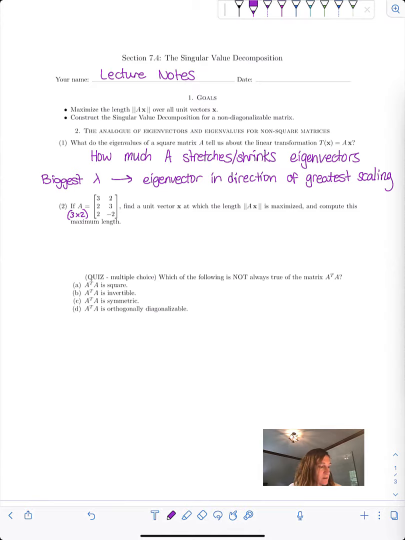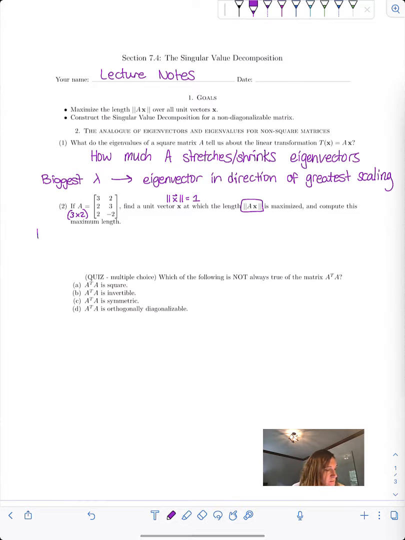Remember, a unit vector means that the length of that vector equals 1. If you think about a circle or a sphere around the origin, it's a vector that ends on that sphere. And then we want to maximize the length of Ax, and compute this maximum length.